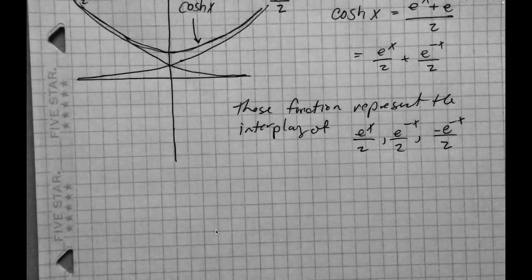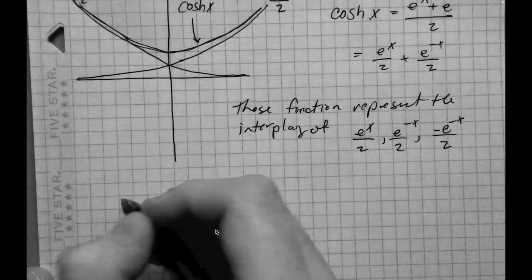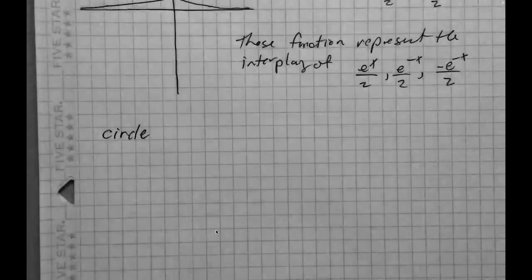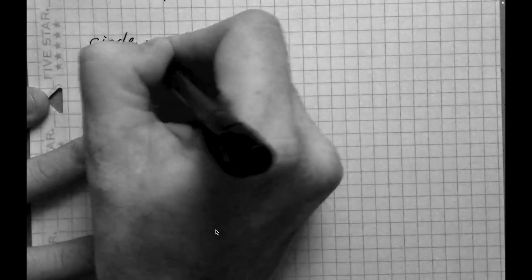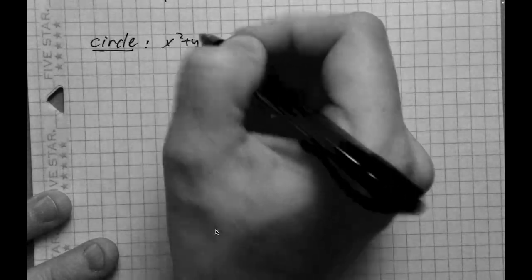There's a lot of things that are really kind of interesting about these functions. So they have a bit of a connection with the trig functions. Obviously, we've already seen that. But if you look at a circle, a circle is going to have the equation x squared plus y squared equals 1.